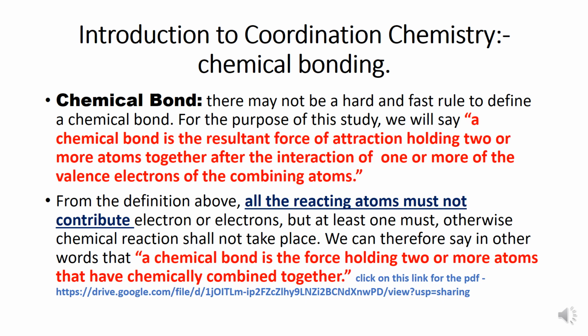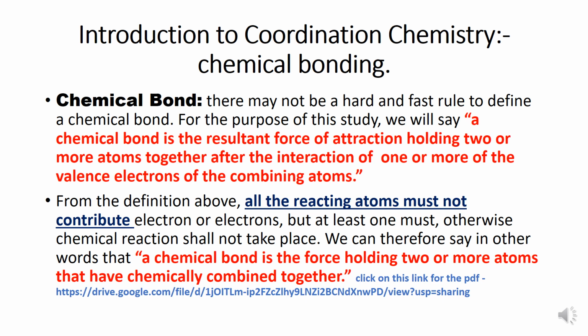A chemical bond may not be easy to define, but for the purposes of this lecture, we would say that a chemical bond is the resultant force of attraction holding two or more atoms together after such atoms have interacted with one another through their valence electrons.